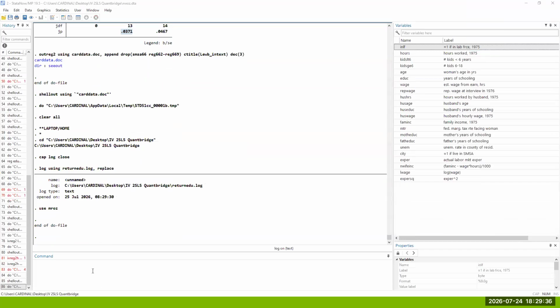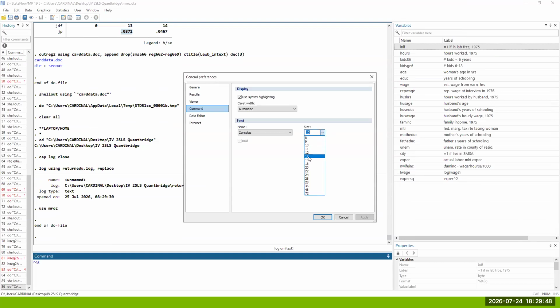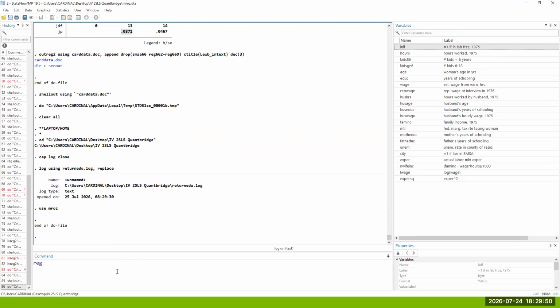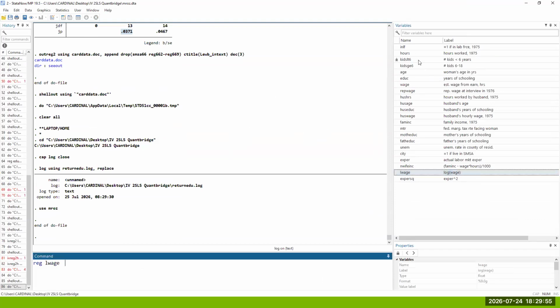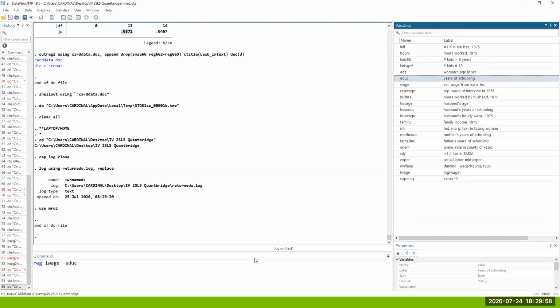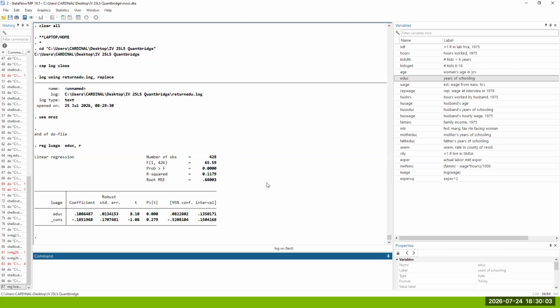So this is the data. In Stata, let me see if I can make this slightly bigger for you. So we read this on education. And please, if you could be writing down the coefficients for me, that would be good, at least so we can compare.